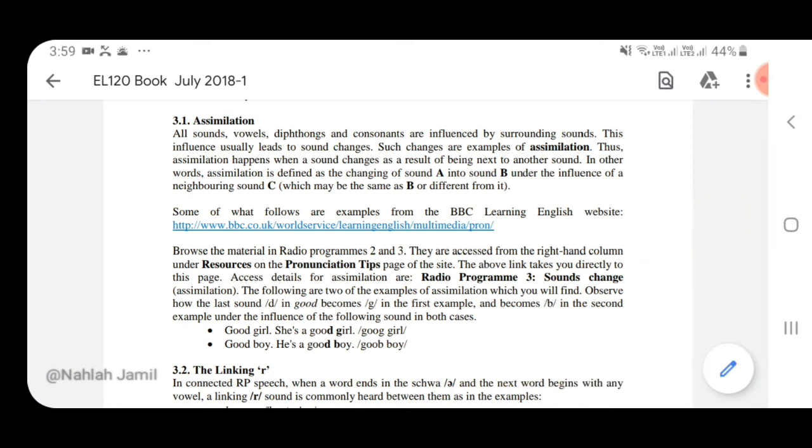That means the pronunciation of the first word will be affected by the word beside it, or the second word will be affected by the word beside it.